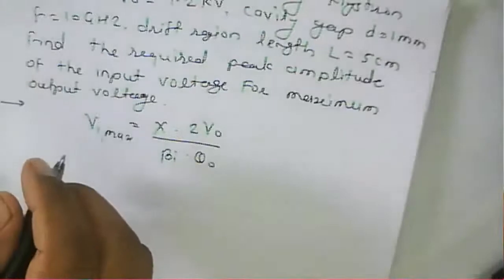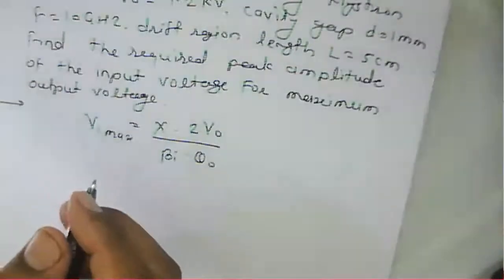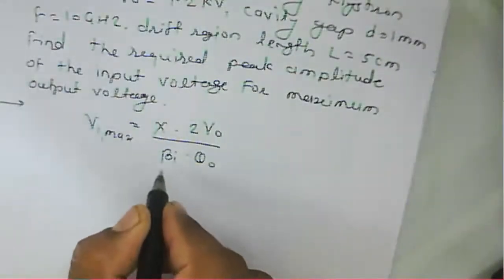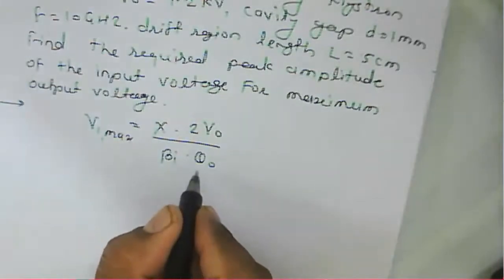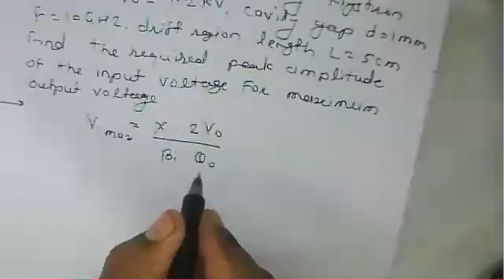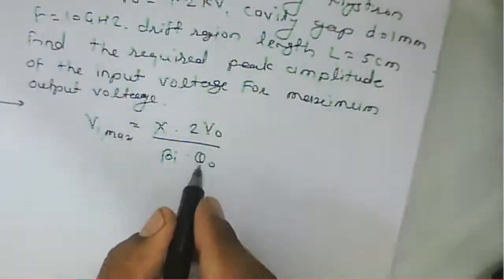Now we need to find the beam coupling coefficient and the DC transit angle.